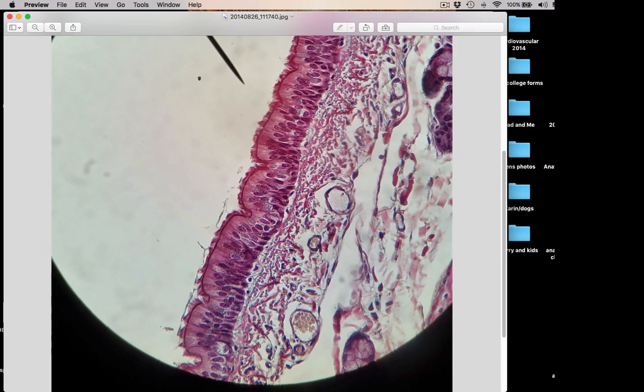Here are flattened nuclei going around the blood vessel. So this is simple squamous. Remember the type of simple squamous that lines the blood vessels? What was that called? That is endothelium, simple squamous that lines our blood vessels.